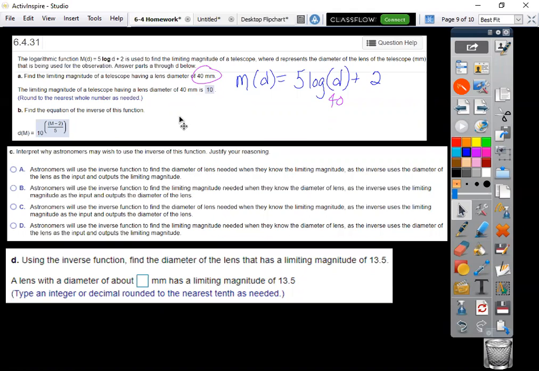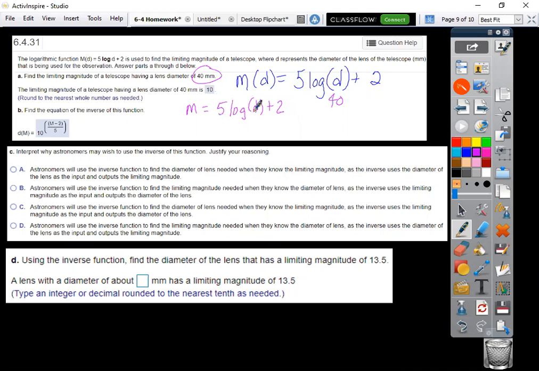Then it says find the equation of the inverse. So the inverse, if you remember how that works, where it says m equals the 5 log base 10 of d plus 2.